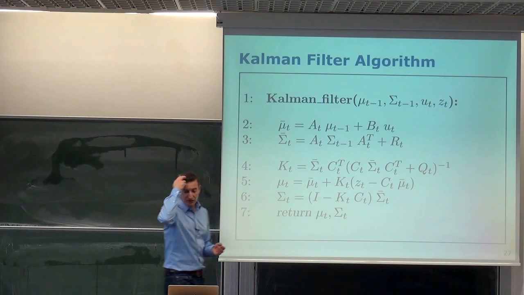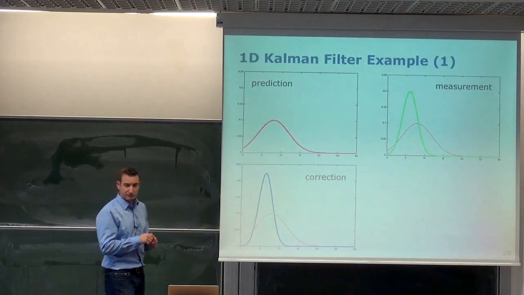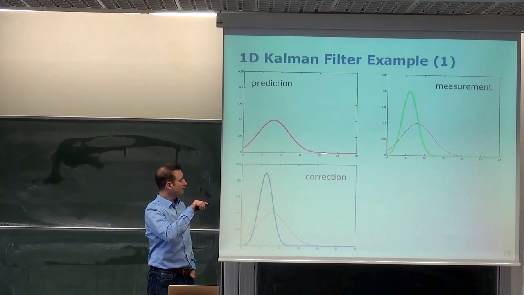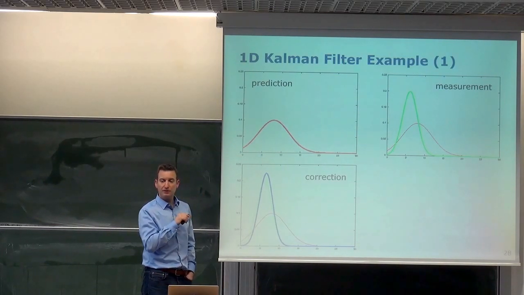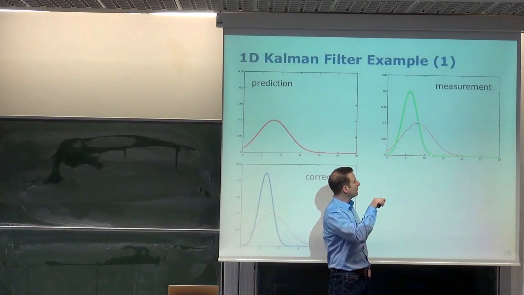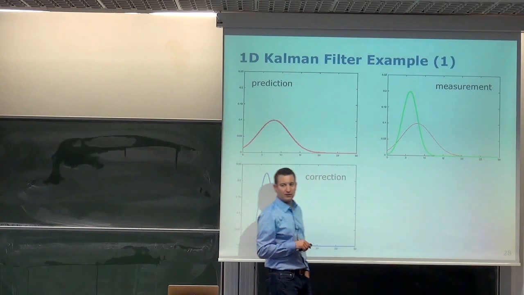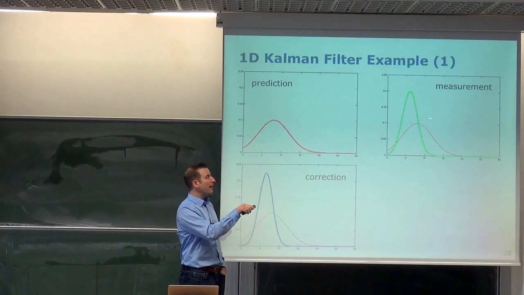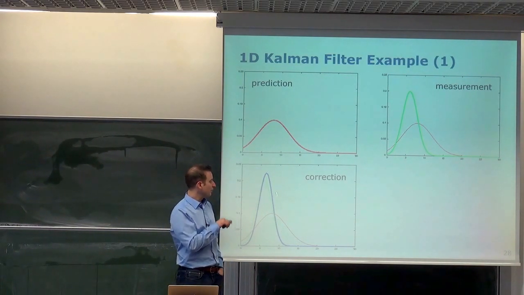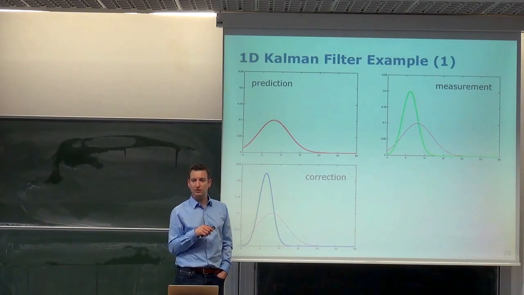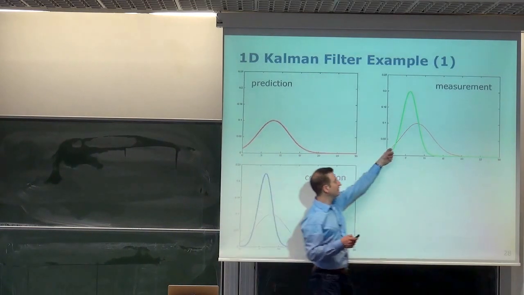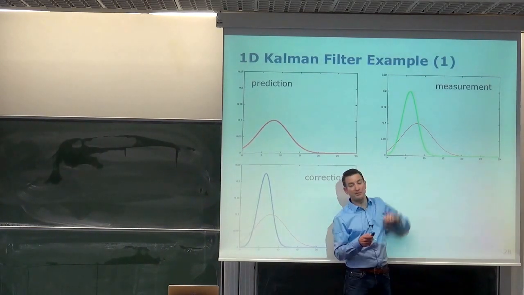If we illustrate this by a very, very simple 1D example. So we evolve our state, and this is a prediction that we have, where we are, in a 1D world. And then we obtain an observation of a measurement, which is this green Gaussian distribution over here. And then I'm combining those two, in this case ending up here with my blue distribution. And this takes into account the uncertainty of my prediction, the uncertainty of my observation.